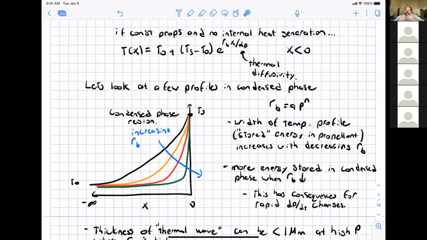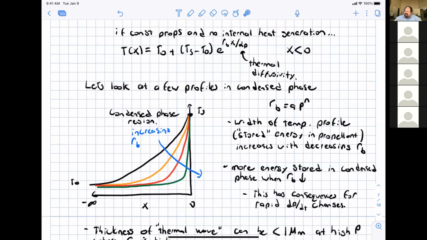So there's less energy that needs to be absorbed by the condensed phase propellant to cause it to burn. And if the surface temperature is higher, say up here where I have it drawn, there is a lot more energy that needs to be absorbed by the propellant to cause it to burn stably.